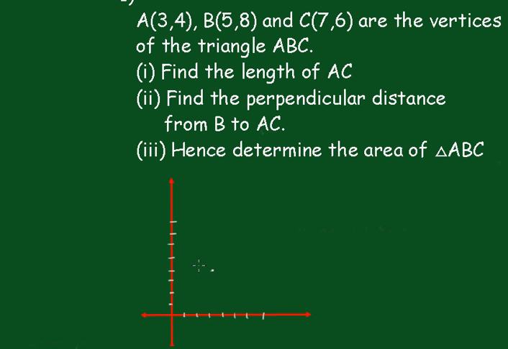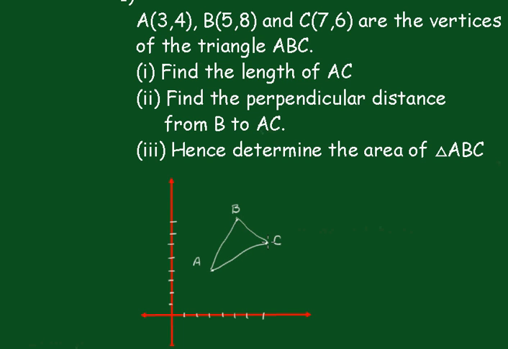It's about there for A. Okay, we have (5, 8), 5 up to 8 there for B. And (7, 6), up to about there for C. So we have to work out the area of that triangle.